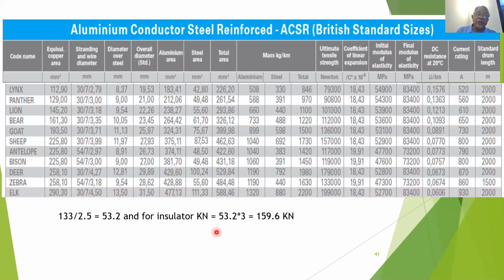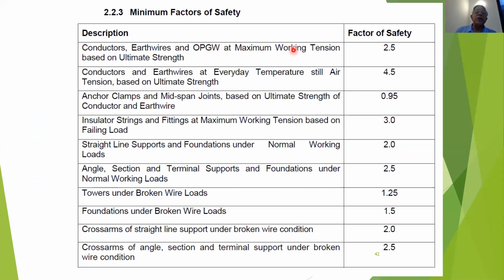So we'll see what the safety factors are. Now, conductors, earthwires and OPGW. OPGW is again, I'll remind you, the ground wire. GW is ground wire. It contains optic cables in a small tube inside the ground wire.